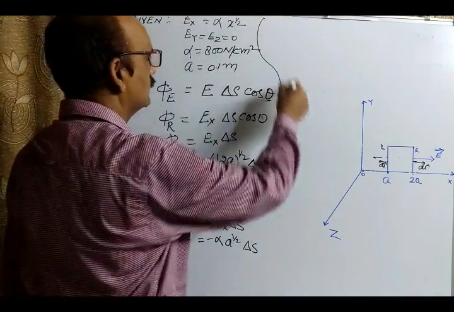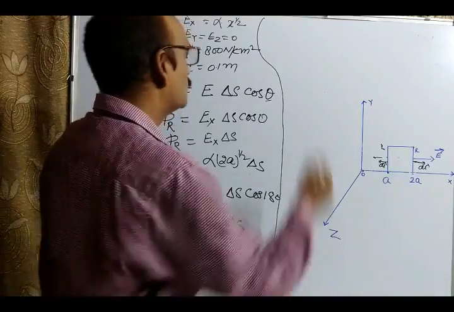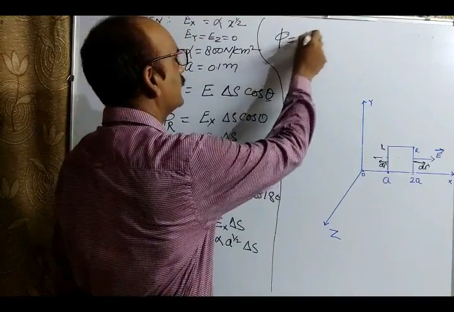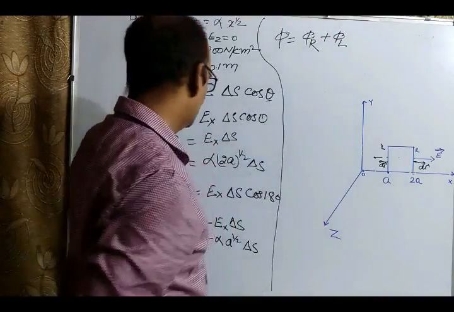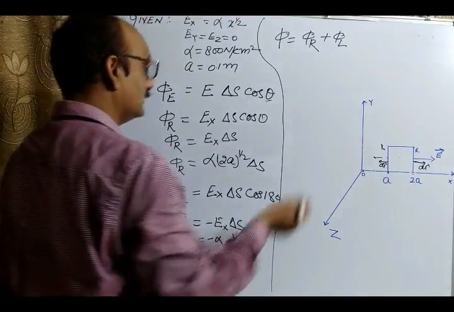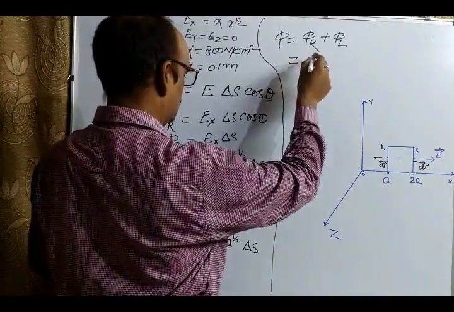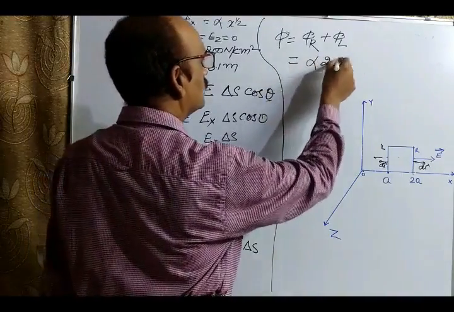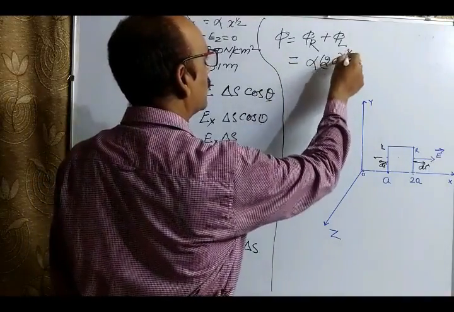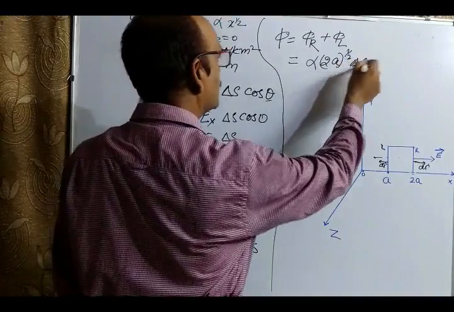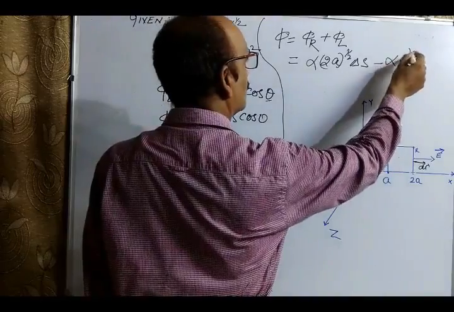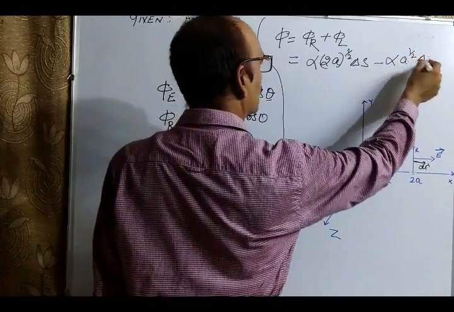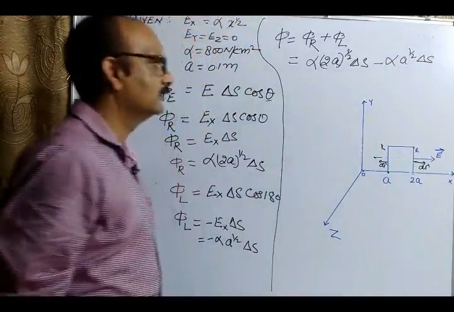Now, total flux phi equal to phi R plus phi L. That is alpha 2a to the power half delta S minus alpha a to the power half delta S. Correct?